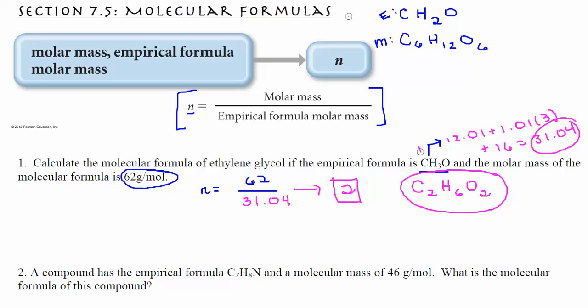This is the empirical formula, which simply shows you that for every 1 carbon, there are 3 hydrogens and 1 oxygen. What the molecular formula is showing you is that in this compound, there are 2 carbons, 6 hydrogens, and 2 oxygens. So that's how you determine the molecular formula if you are given the empirical formula.